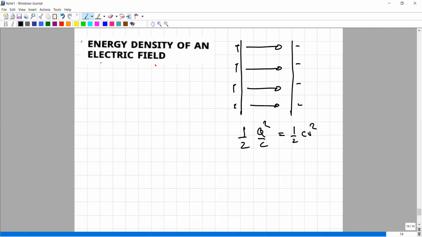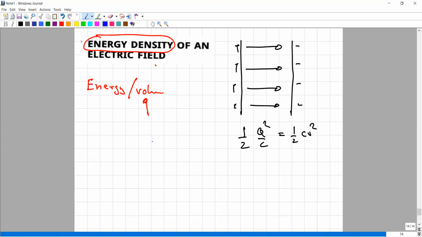Now we have to find what is the energy density. What is energy density? The word energy density means energy per unit volume. Energy per volume.